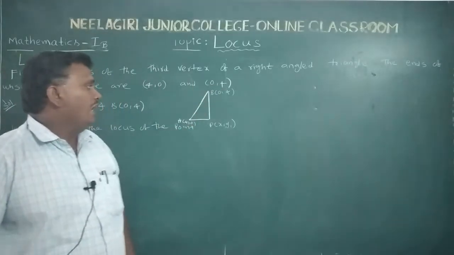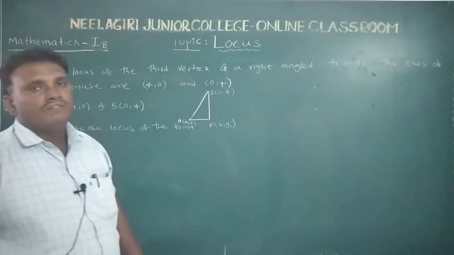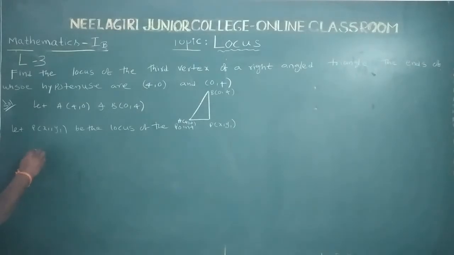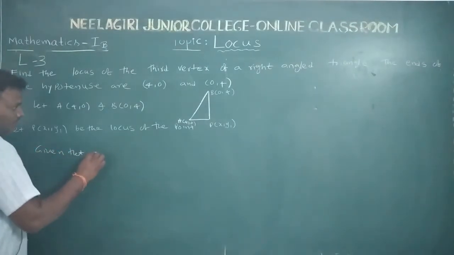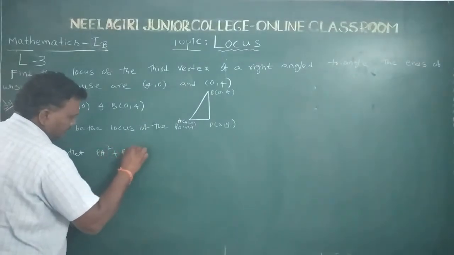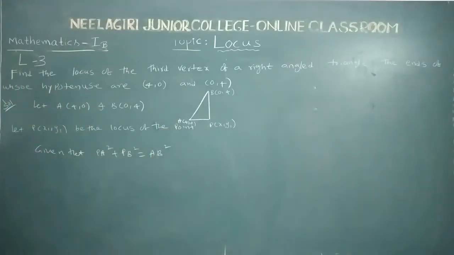AB is the hypotenuse. What are the sides? AP and PB are the sides. Given that PA square plus PB square is equal to AB square.